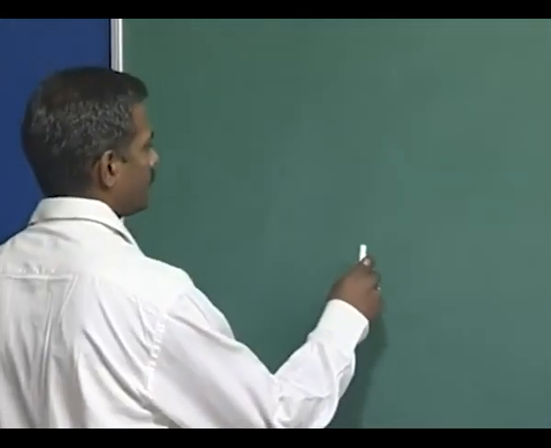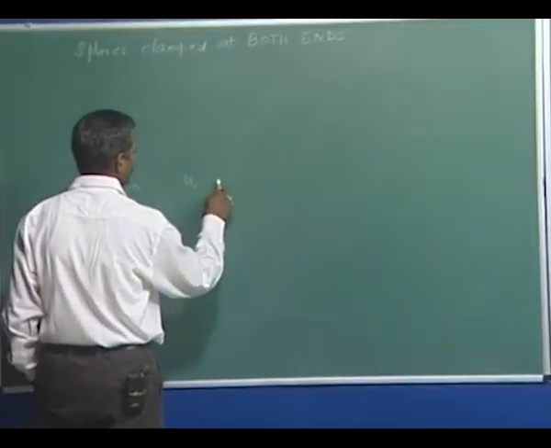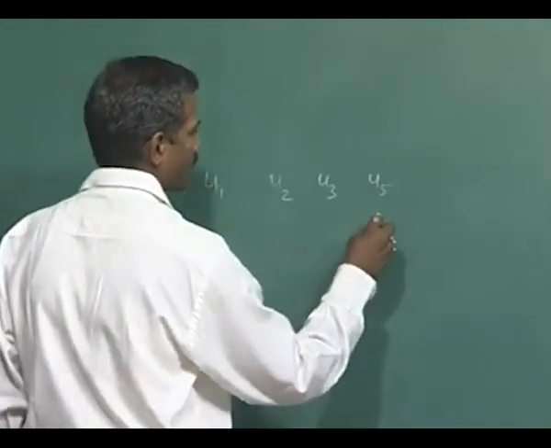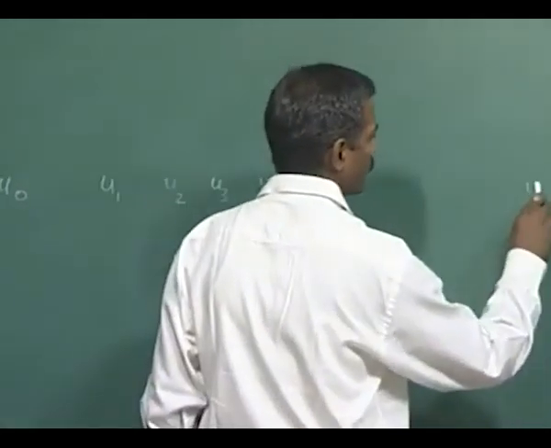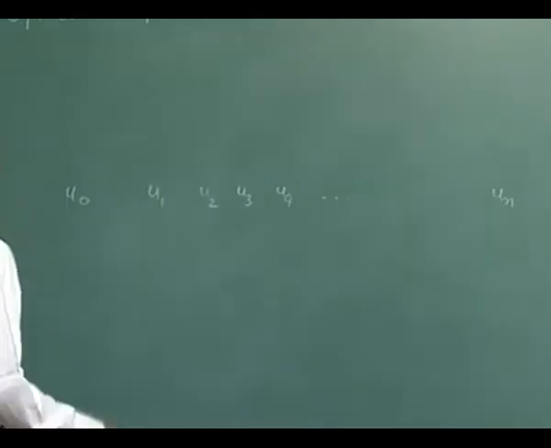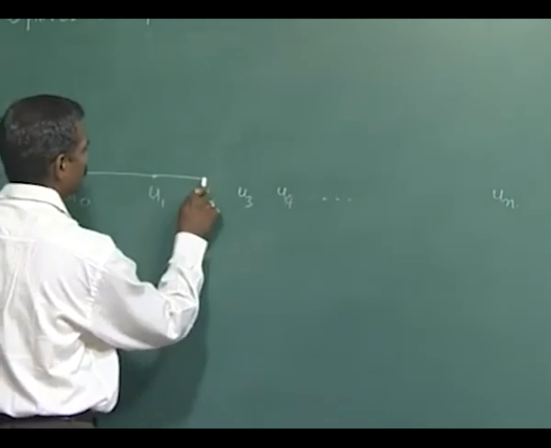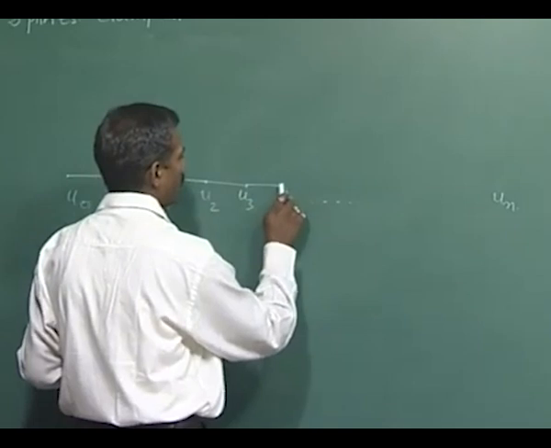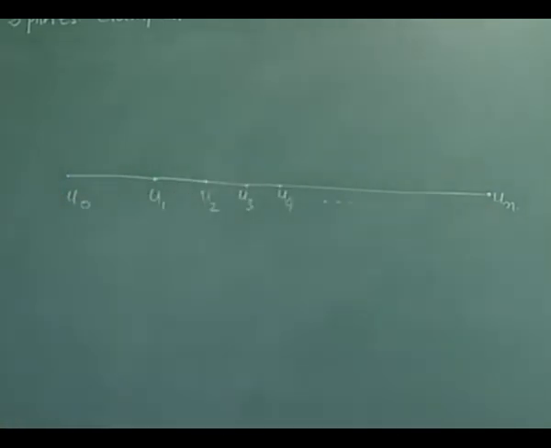So say we have parameters u0, u1, u2, u3, u4, and so on up till un. I may have generated these parameters using either chord length parameterization or centripetal parameterization, or using the general scheme that we have discussed before for any value of e.